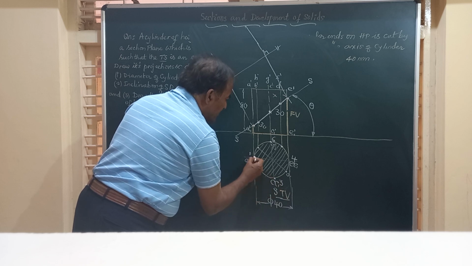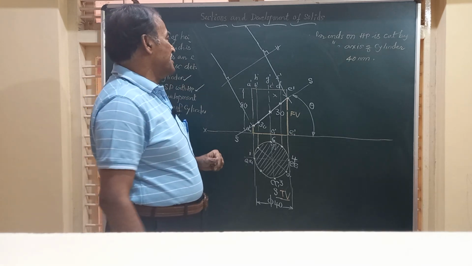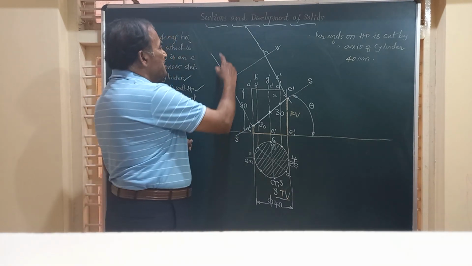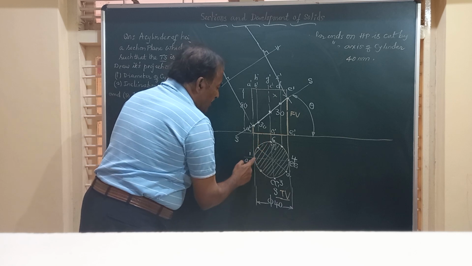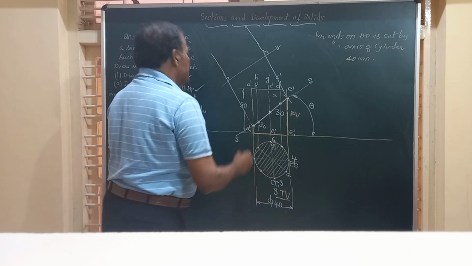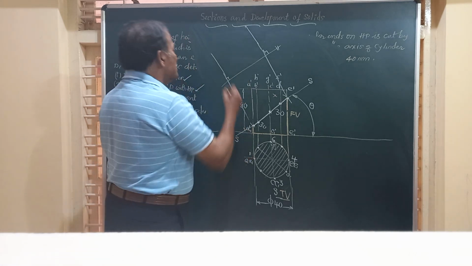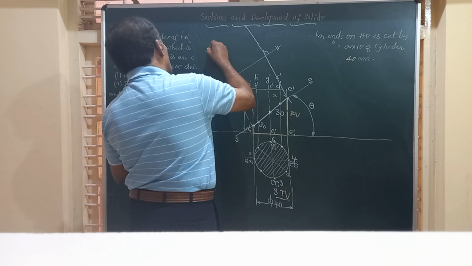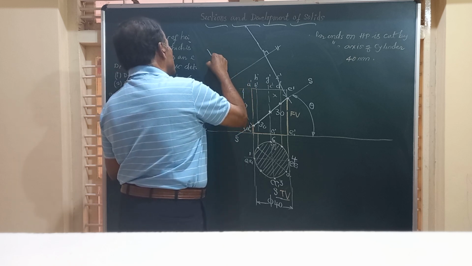So you will be having totally 8 points on AA, BB, CC, etc. Friends, how to get the true shape here? Now see, the point 1 is on AA. At what distance? At this distance. So mark the distance on this perpendicular line and say this is the point 1.